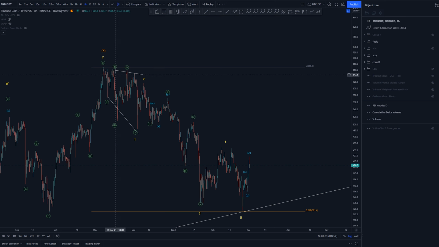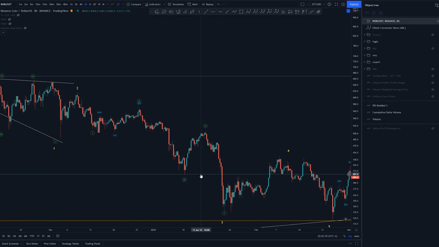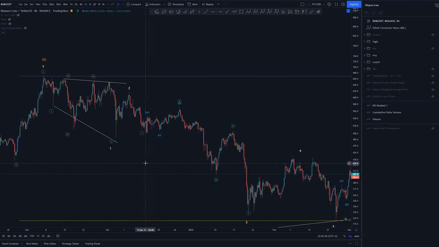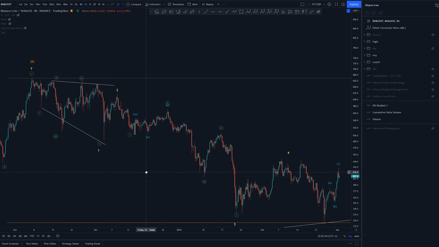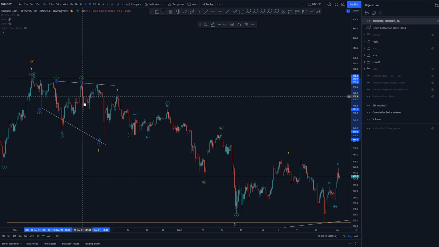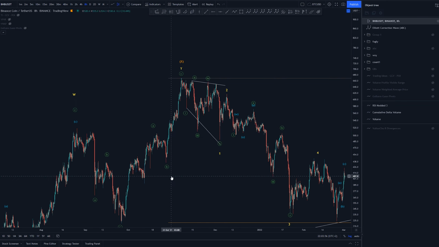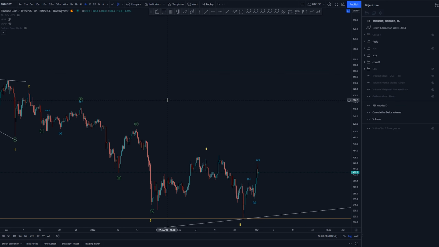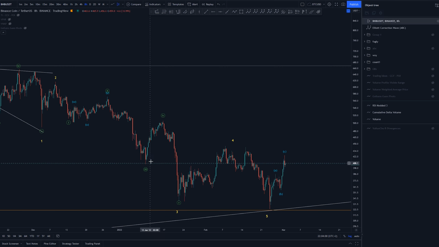Now I got a leading diagonal here that is super ugly, there's no denying that, and for that reason I would almost disregard it completely, but it's an option. So 1, 2, 3, 4 and 5, and then 1, 2, 3, 4, 5.